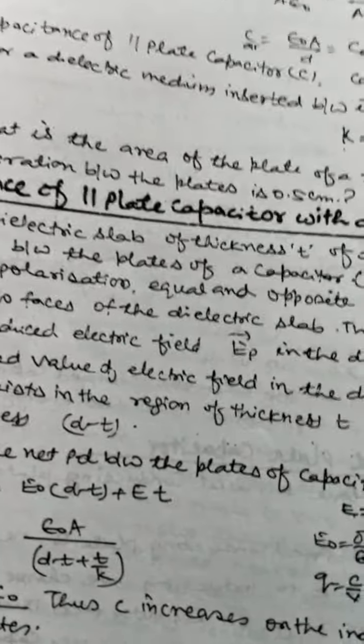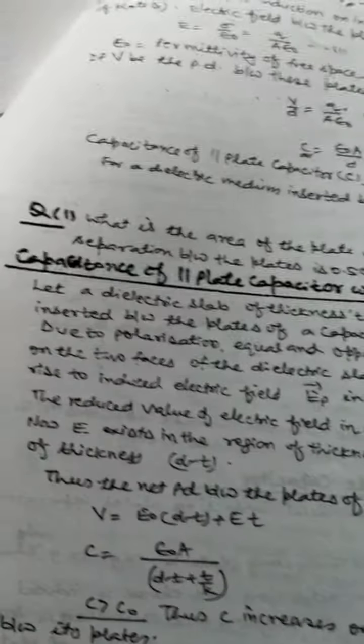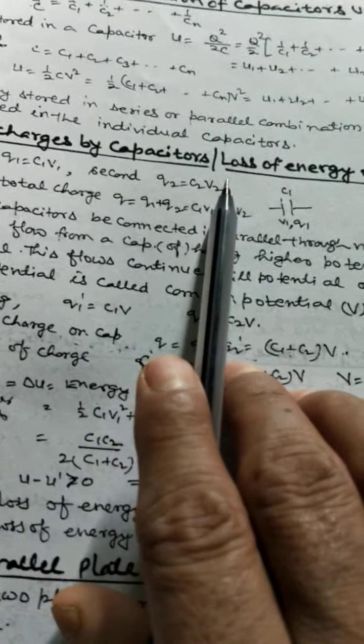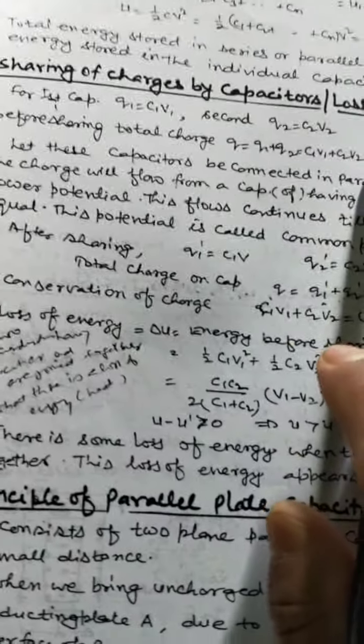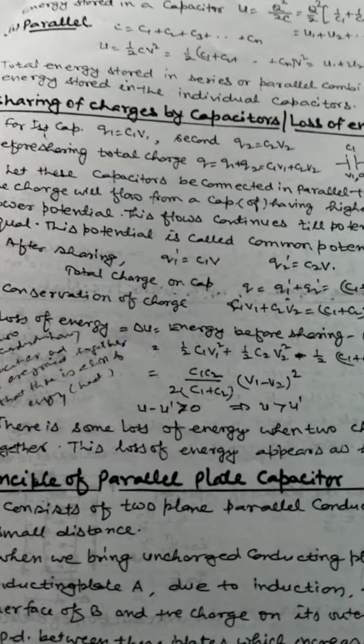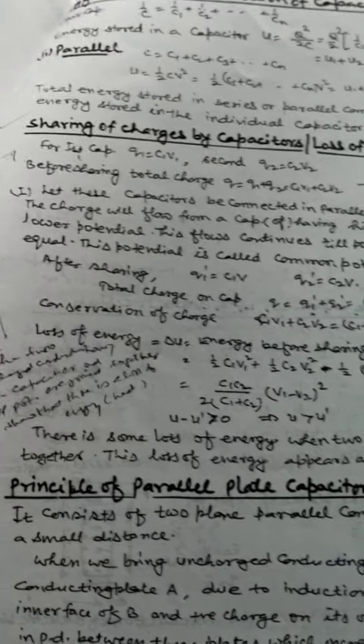Now our next topic is, suppose I am connecting two capacitors to each other, having certain charges, and here there is sharing of charges, which causes loss of energy. Let us suppose we have two conductors.